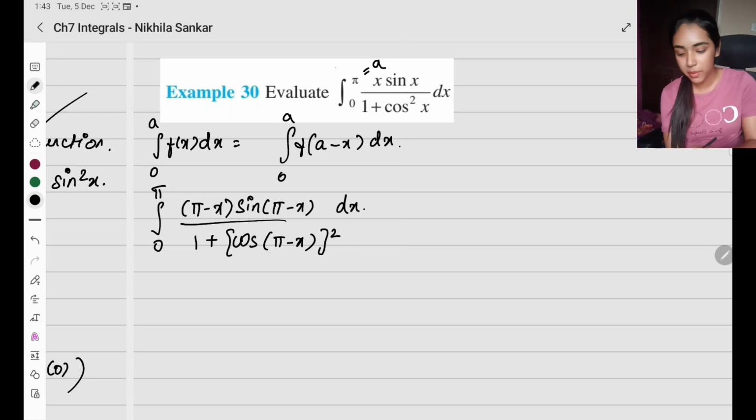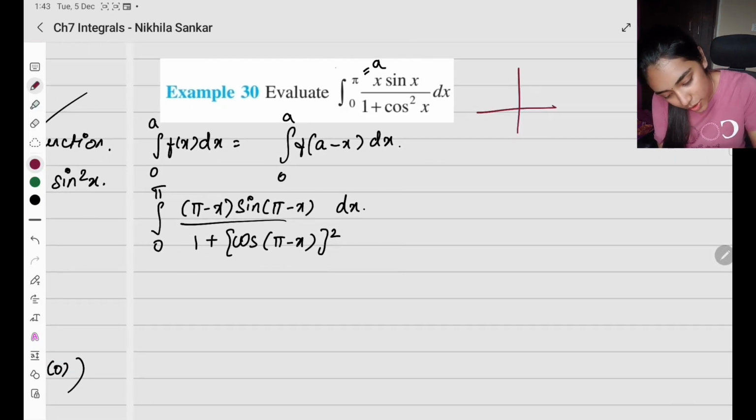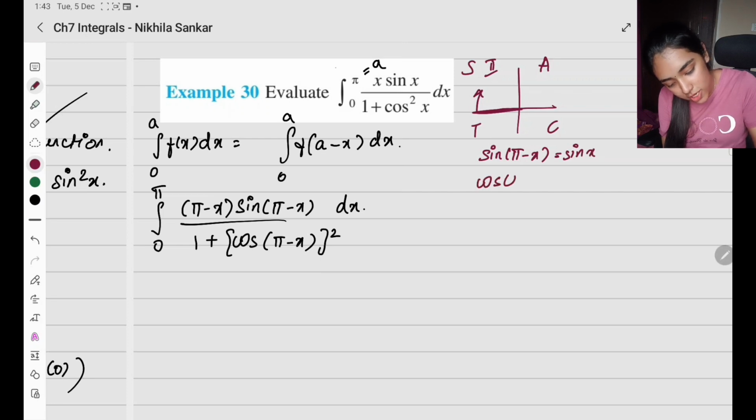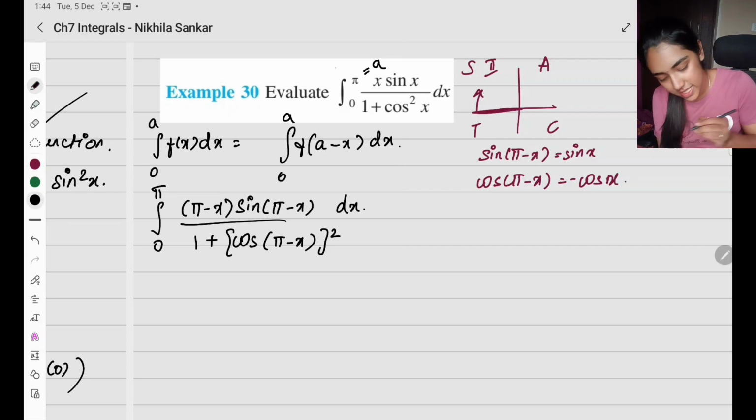Now sine of pi minus x and cos of pi minus x, we use the all silver tea cups rule. You have learnt that. This is pi minus x, so we are looking at the second quadrant. In the second quadrant sine is positive. So sine of pi minus x is going to be sine x, but cos of pi minus x is going to be minus cos x, but it is inside the square.